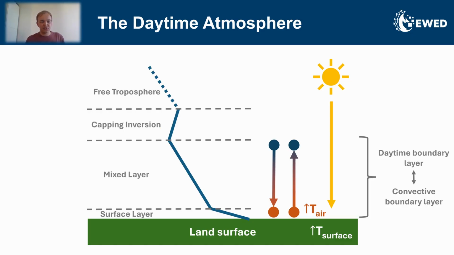Above the capping inversion, we find the so-called free troposphere, which is free of influence from the land surface, and the exact properties are determined by the large-scale meteorology, but that's outside the scope of this video today.